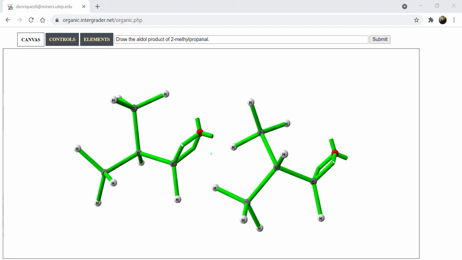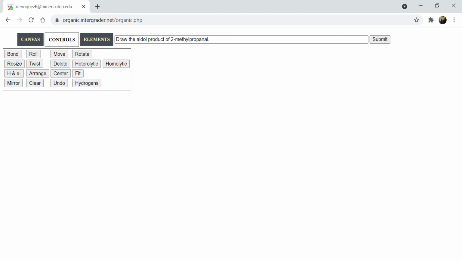I don't know what aldol condensation is. Okay, so it looks like since you don't have 2 hydrogens, you can't do that double bond.